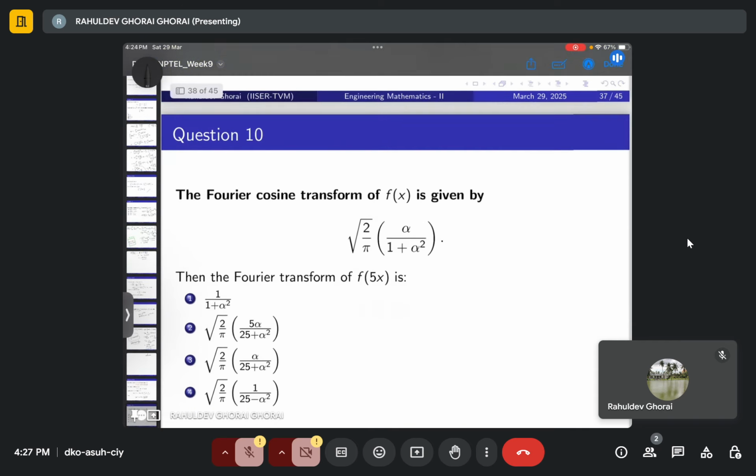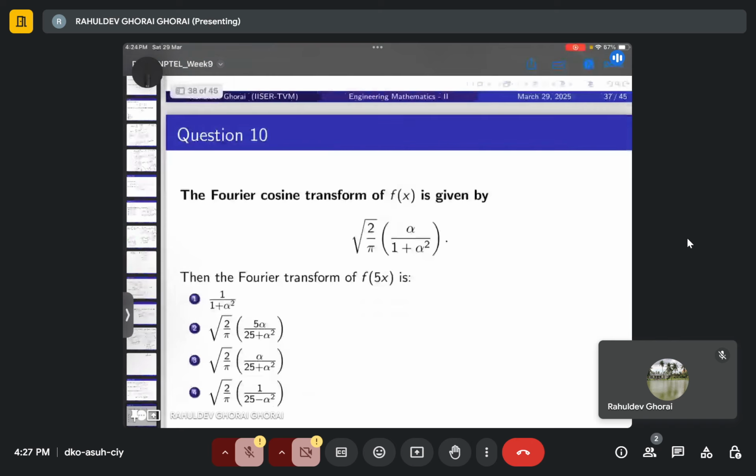Okay, so I'll move to the last question, and as nobody is here till now, I will finish by doing this one. This is a very easy one.